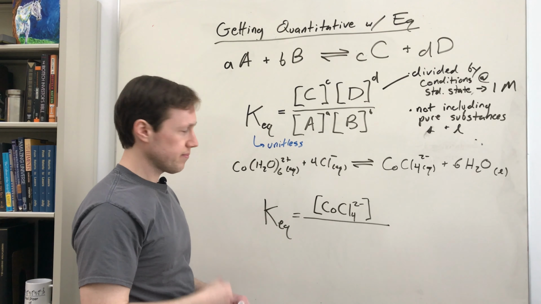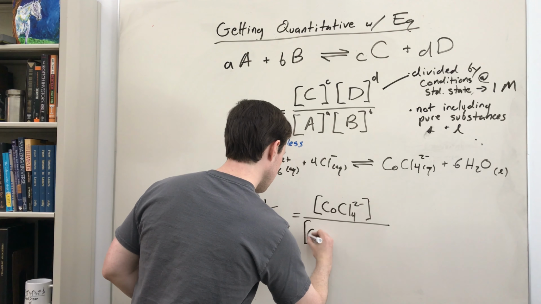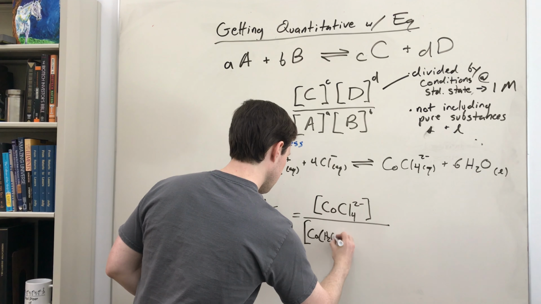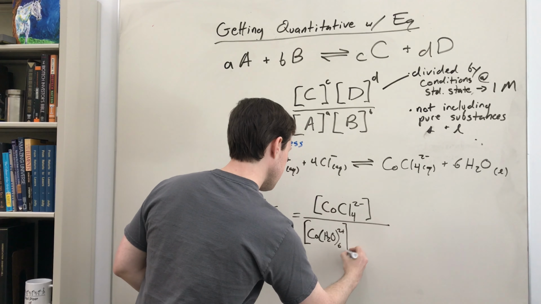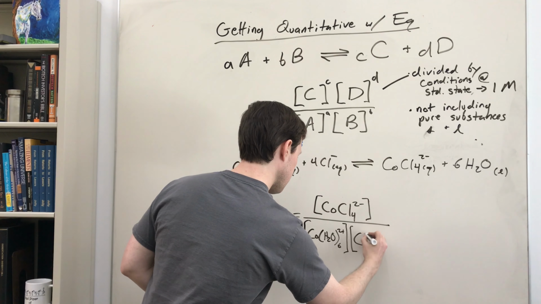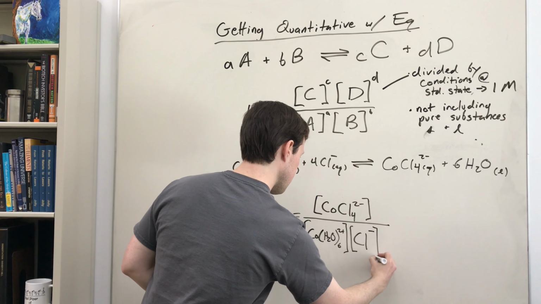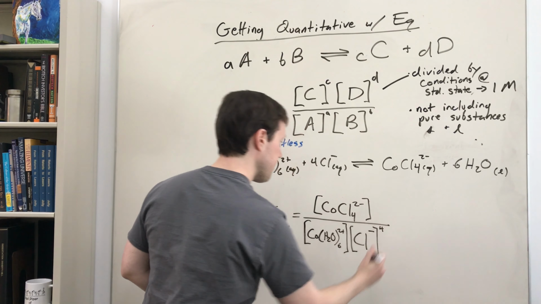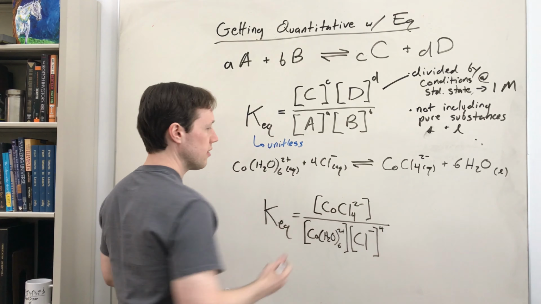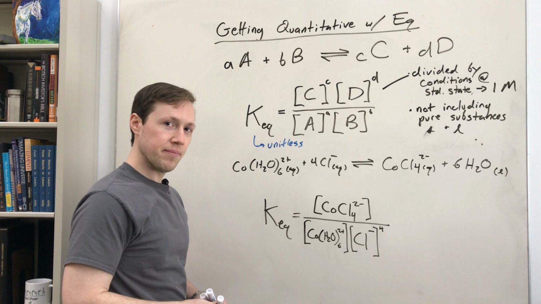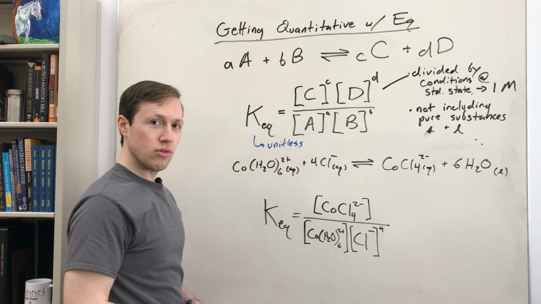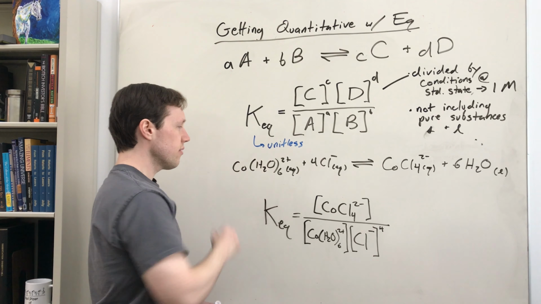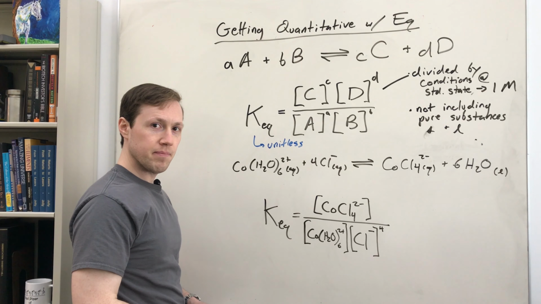On the bottom, we want each of our reactants. And note that we're raising that chloride to the 4th power because there are 4 moles of chloride consumed for each mole of cobalt.